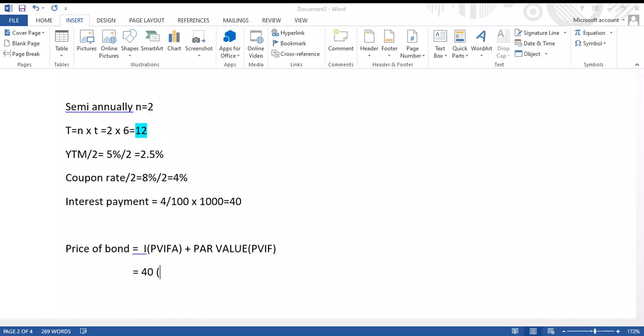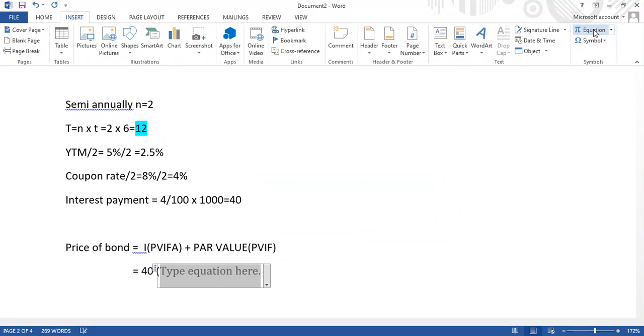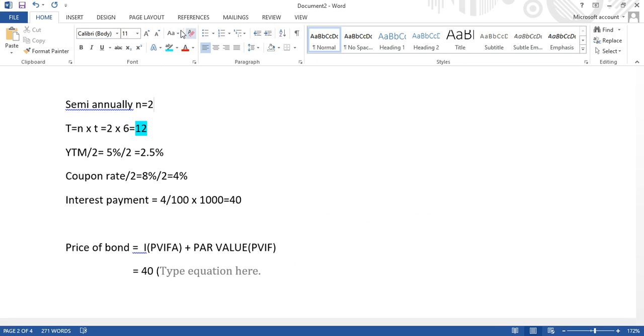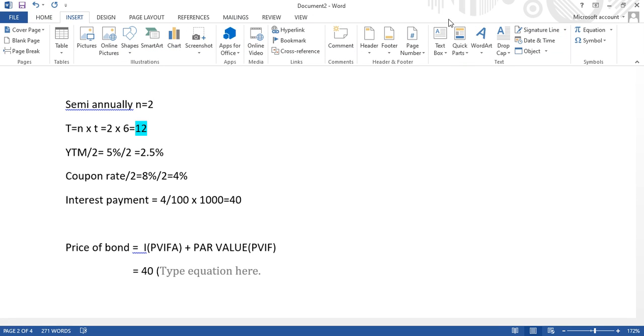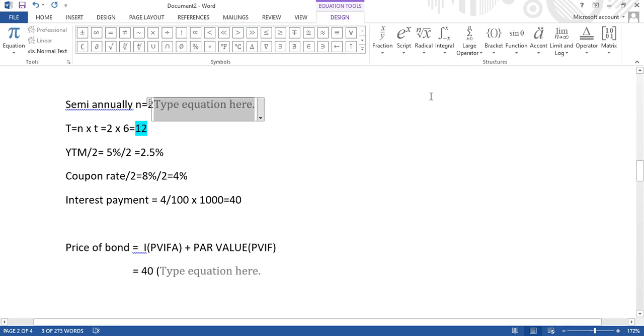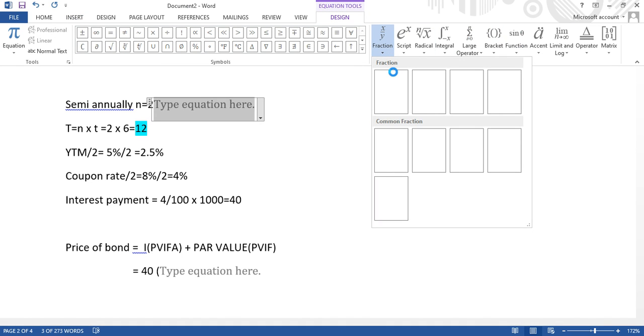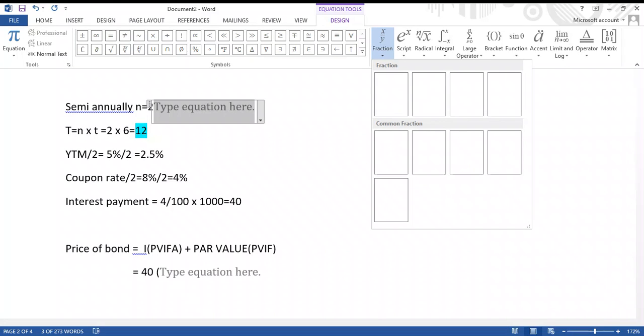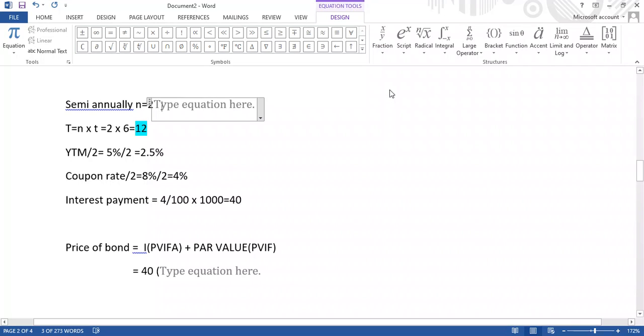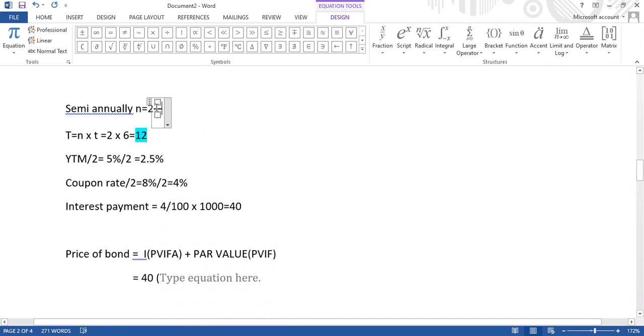Okay, so on our yield to maturity here, let me put a fraction here. Oops, I don't know why it's taking so long. Right, here we go. The wrong place.